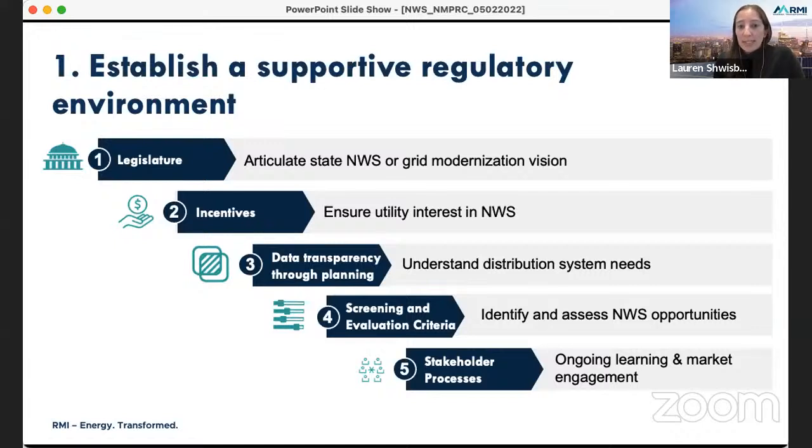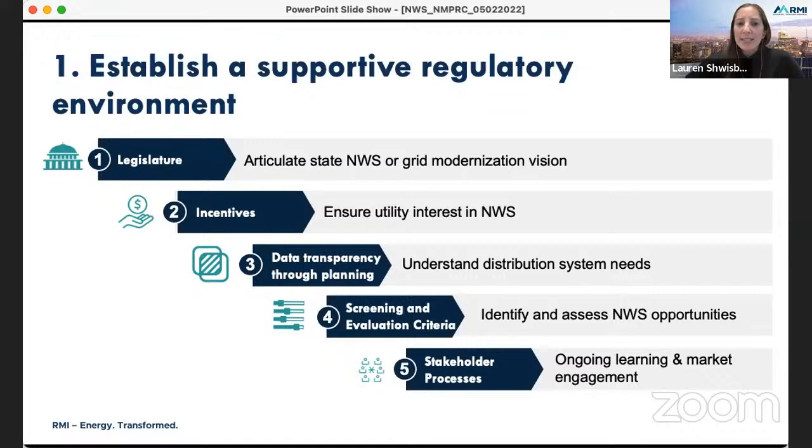So a distribution system planning process or grid modernization planning process is a great way to tie all of this together, prioritize the grid modernization options at hand here, and create a process for evaluating the opportunity for non-wires.